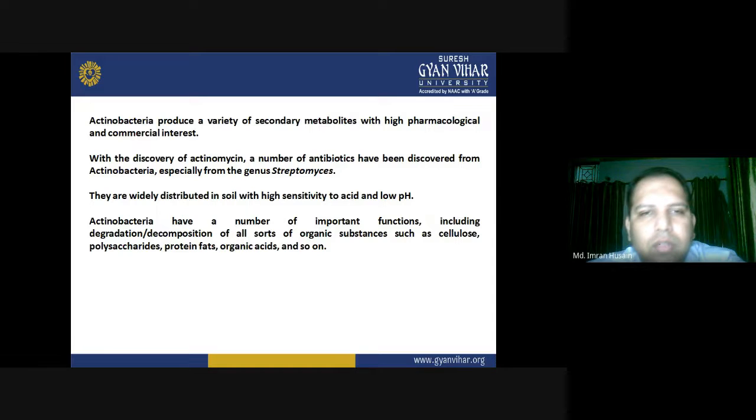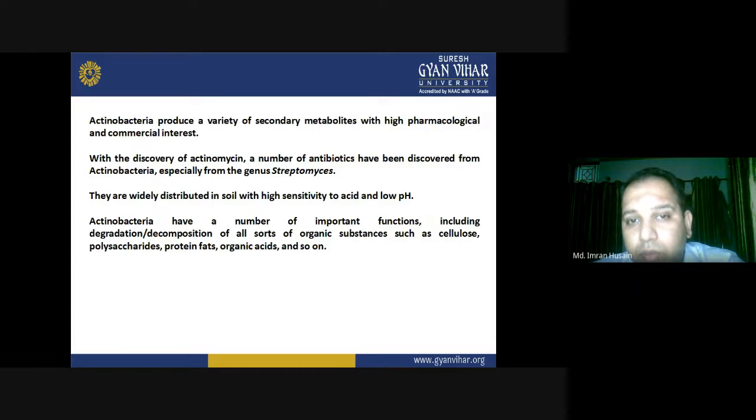Actinobacteria produce a variety of secondary metabolites with high pharmacological and commercial interest. From the very early beginning, we have been studying that they produce secondary metabolites of high pharmacological and commercial interest.